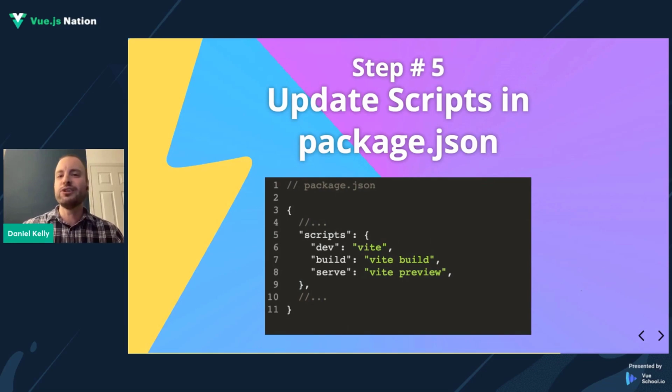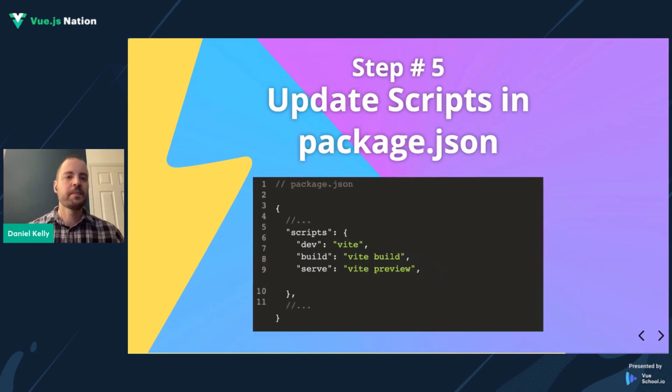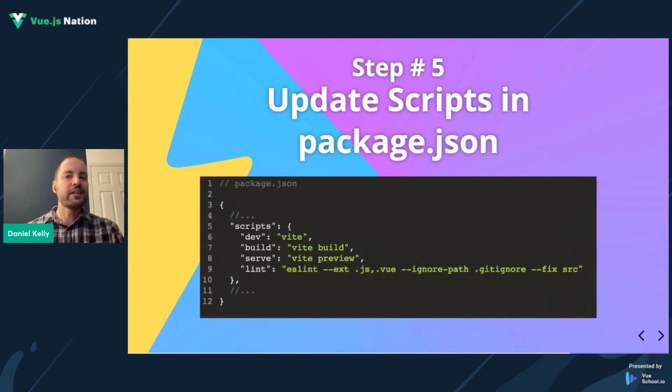So of course you could change that here if you wanted to, but probably my recommended approach would be to stick with the new convention, because the serve here actually is something else in Vite. It gives you a way to spin up a preview of your built project, which is pretty cool. And then also, since we had linting involved, we'll also add in that command as well. And instead of using Vue CLI, we'll just use ESLint directly.